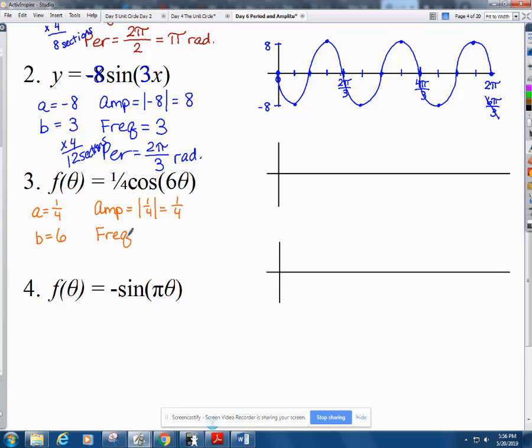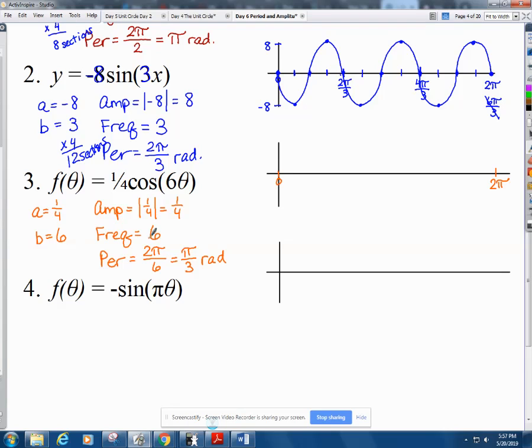Frequency equals 6. And period is 2 pi divided by 6, which is pi over 3. Again, in degrees, that's 360 divided by 6, so that would be 60 degrees for each one. But we're going to do this in radians. So we're going to go from 0 to 2 pi.